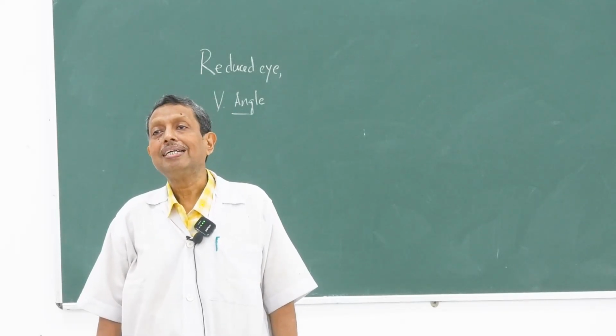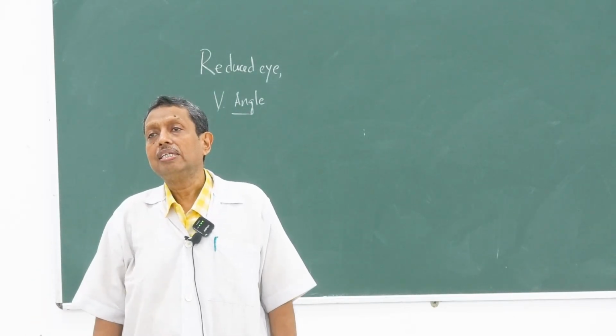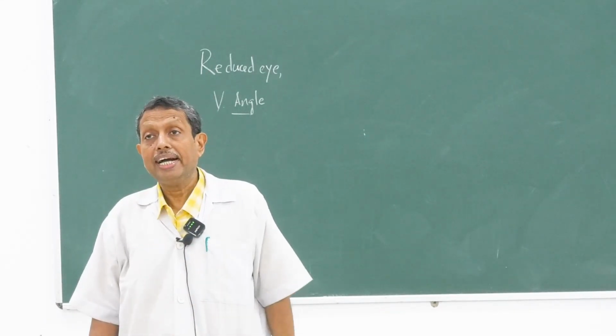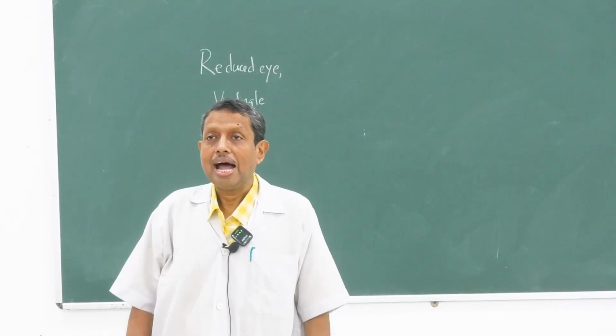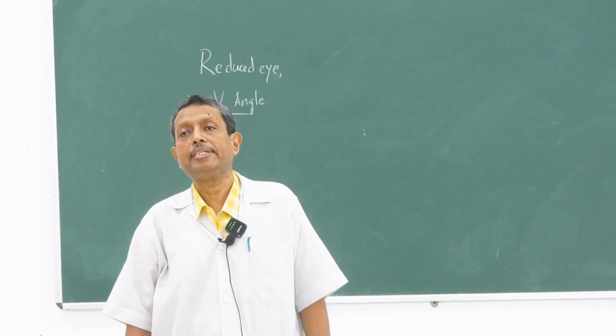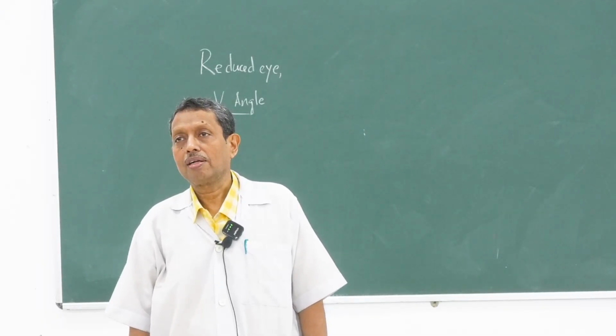From school days, you all know the media through which light enters into the eye and focuses at the retina, and light rays coming from beyond 6 meters or 20 feet are taken as parallel.